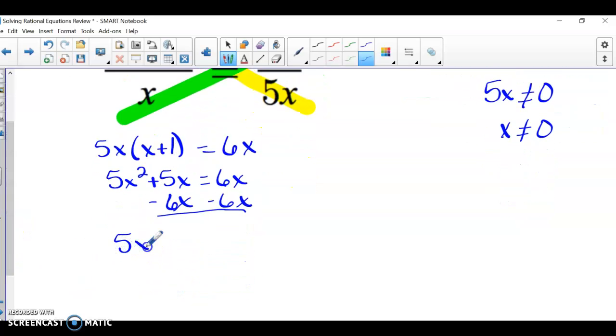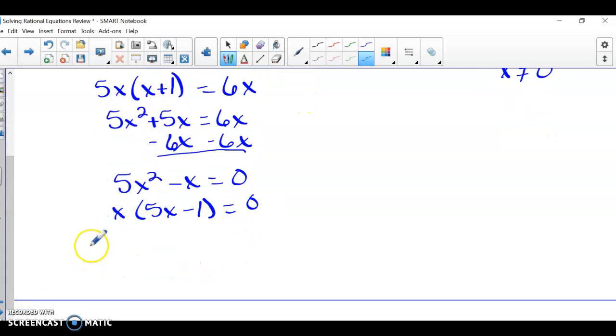So we have 5x squared minus x is equal to 0. I can take an x out and I have 5x minus 1 left. I take each one of these two factors, set them individually equal to 0, and I solve. So I add 1 to both sides, so I get 5x equals 1. I divide by 5, so x is equal to 1/5.